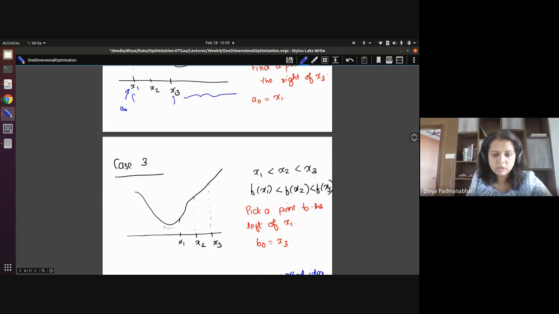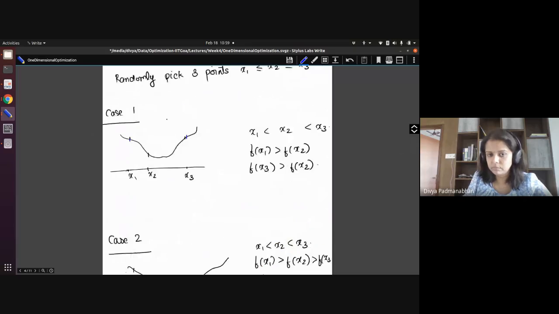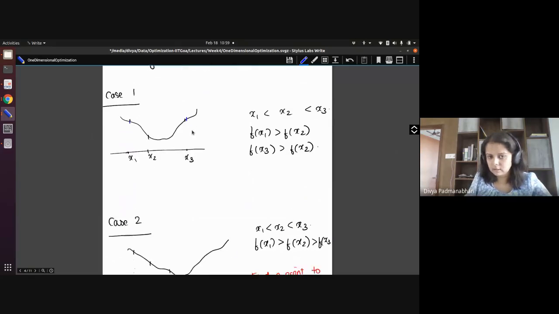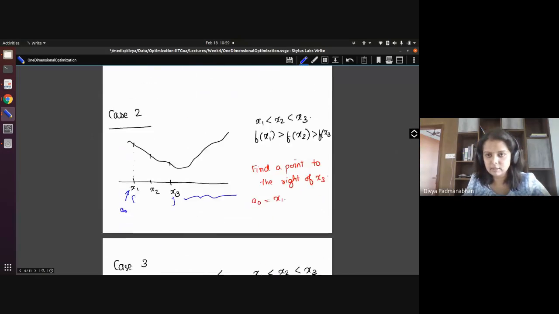So you pick a point to the left of x1. You can fix this as B naught, and for A naught you fix something in this range. You can keep doing this till you get case 1. That's kind of how you fix the A naught and B naught values.